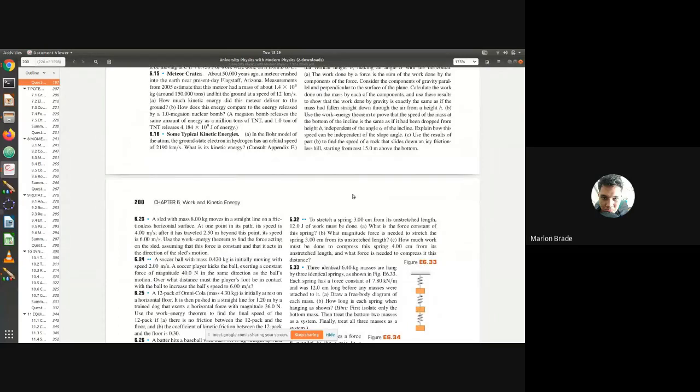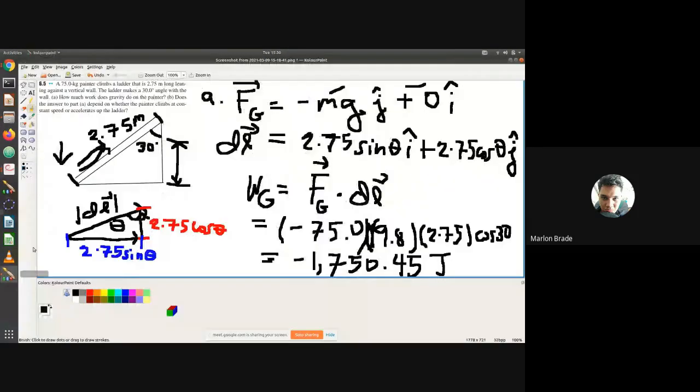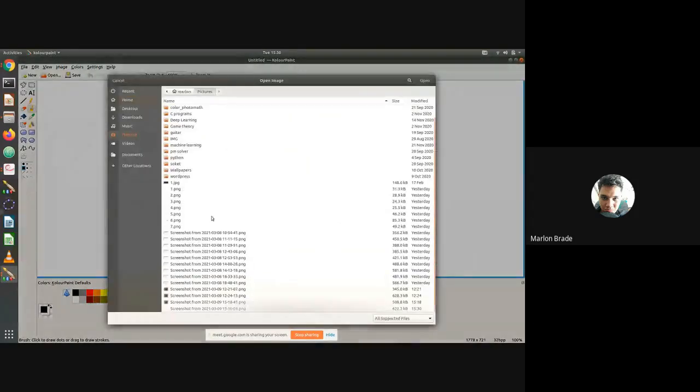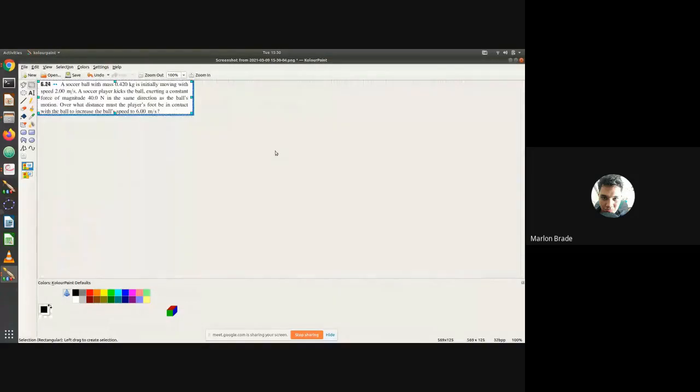Okay, a soccer ball with mass 0.420 kilogram is initially moving with speed 2.0 meter per second.